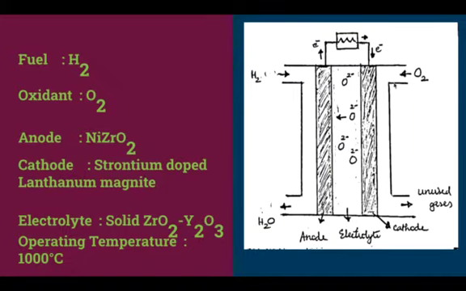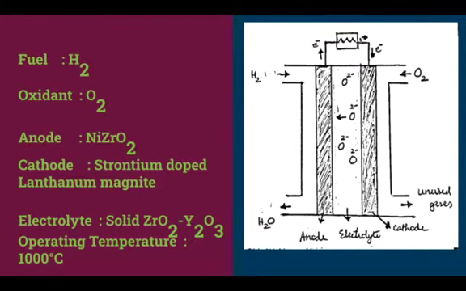So here oxygen is supplied to the cathode, whereas hydrogen is supplied to the anode. Here oxygen gets reduced to oxide ions, and the oxide ions move through the electrolyte and reach the anode, where they combine with hydrogen to form water. When oxide ions combine with hydrogen to form water, electrons are released.